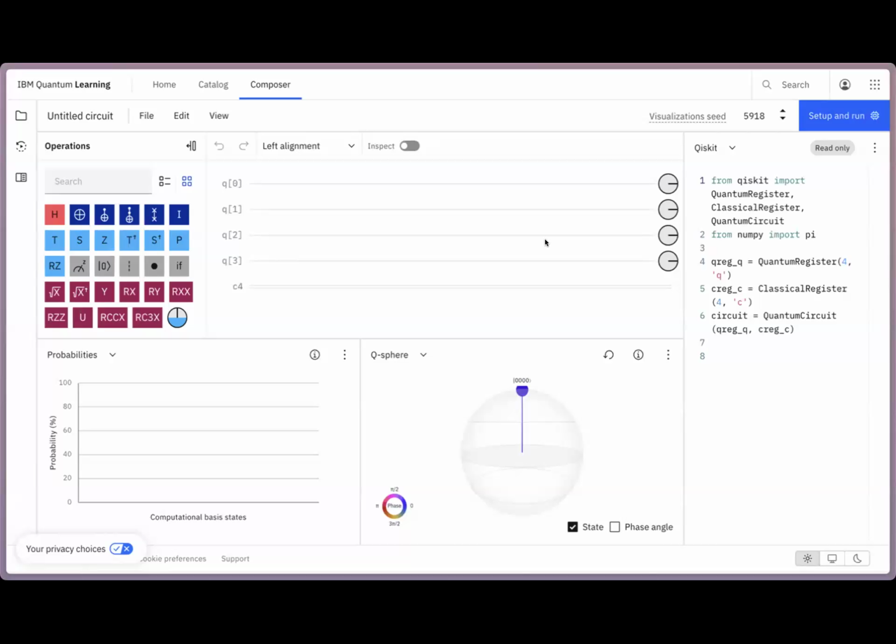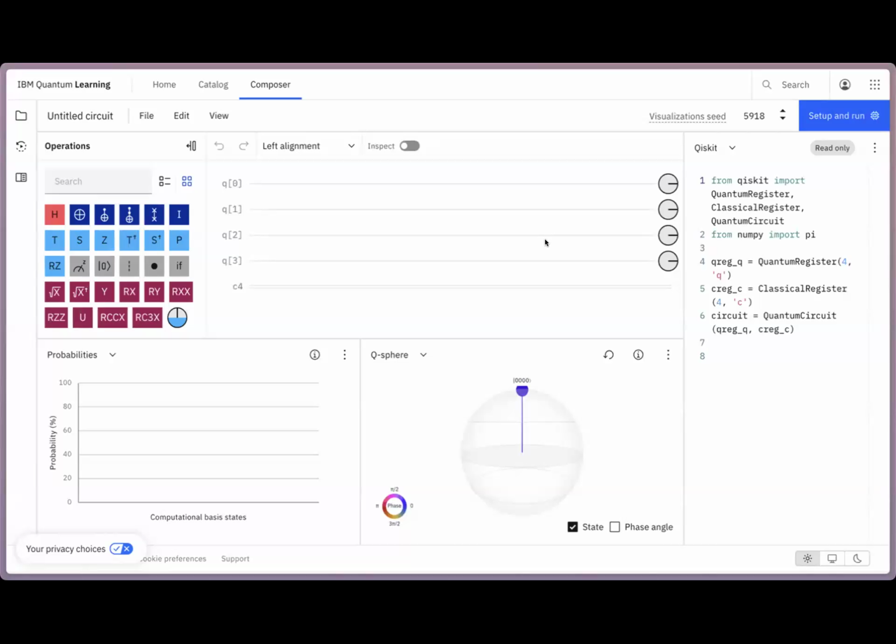Do you guys want to try building the circuit itself? Once you're done, just give a thumbs up so I know before implementing it myself. So the steps were, we need 2 qubits and 2 classical bits. We're going to apply the Hadamard to the first qubit, that is Q0, followed by a CNOT with control on the first qubit and action on the second qubit.